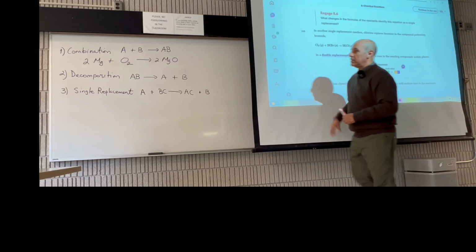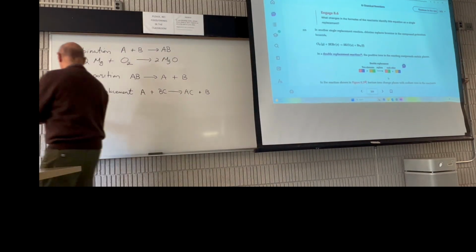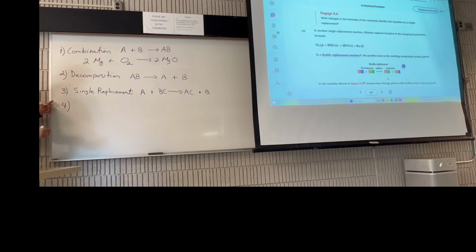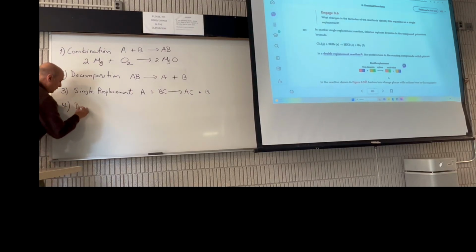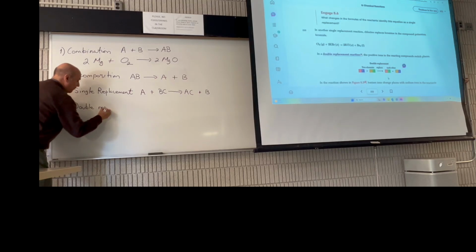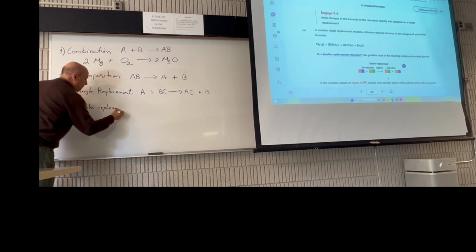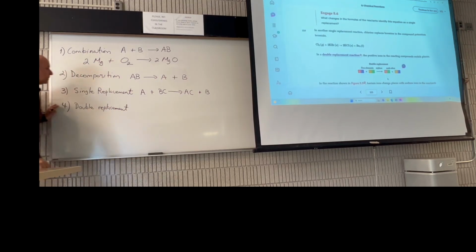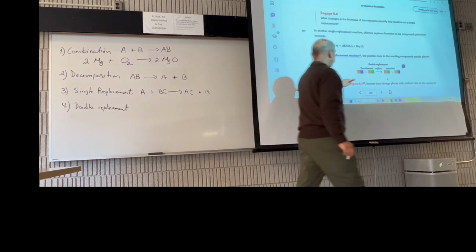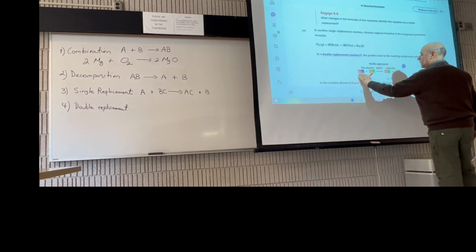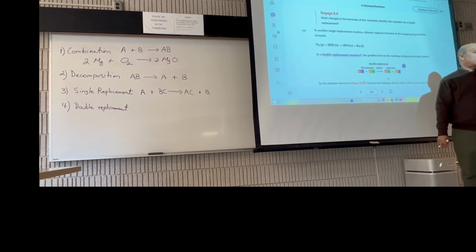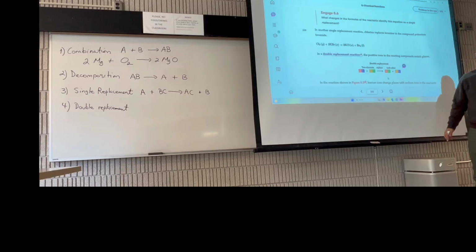Now, this one is a little bit more tricky, and this is number 4. It's another type of replacement reaction, but it's known as double replacement. Here you have actually 2 partnerships going on. It's like 2 couples. These couples are exchanging partners. They got bored.